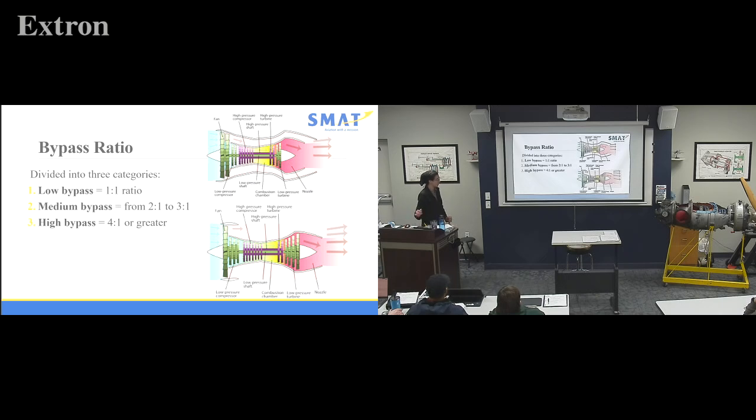So here's kind of going into that. We can have low bypass, which would be just a 1-to-1, so equal parts on the fan as what's going through the core. 4 parts bypassing to 1 part going through the core would be high bypass.